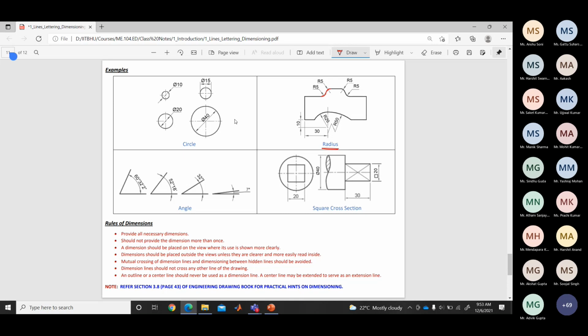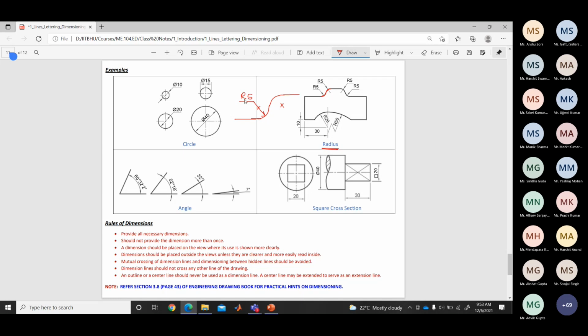So let's say if I draw it like this, so this part. Alright, so for this part of the circle, the center is, let's say, somewhere over here. For this part, let's say the center is somewhere over here. Alright, so let's see how the dimensions are provided. So in this way, R5.